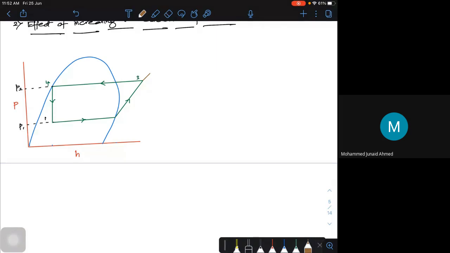So this will be 3 dash, at higher pressure, and from 1 dash. Your point 2 remains the same.